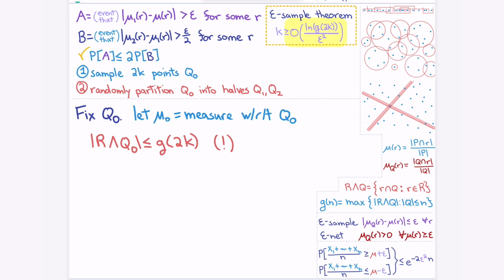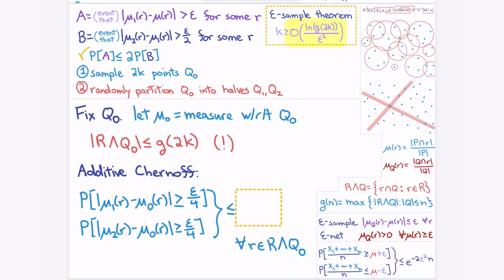So now we just do the same thing, but we only have to union bound over these sets. Okay? So we apply additive Chernoff, and just for that choice, where we now have log G of 2K times some constant, you'll get something inversely proportional to G of 2K. It's just there for convenience.